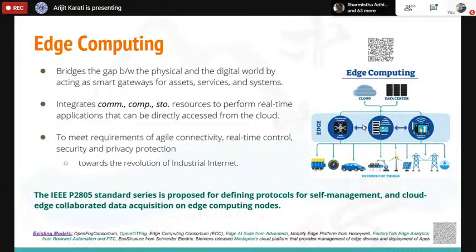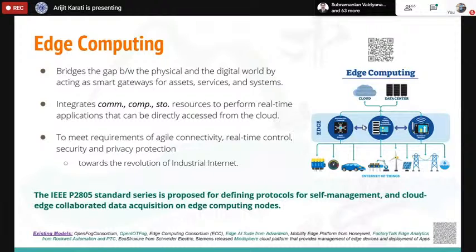For example, with cloud computing I may have to wait 4 milliseconds, and with edge computing maybe 2 milliseconds, something like this. So we reduce the latency. That's the main advantage of edge computing. Doing this computing closer to the edge of the network lets organizations analyze important data in real time. Not exactly real time, nearly real time.